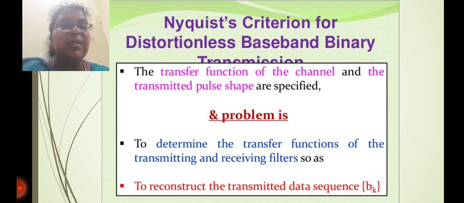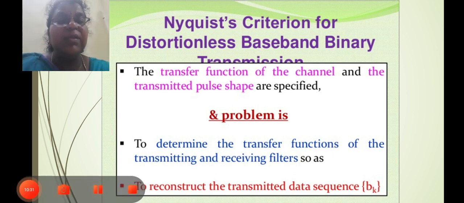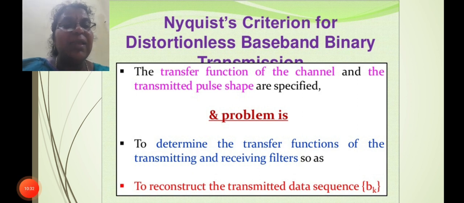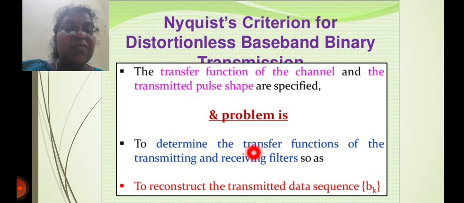The Nyquist criterion for distortionless baseband binary data transmission. The transfer function of the channel and the transmitted pulse shape are specified. So we can't change the channel, and also we know the shape of the transmitted pulse. The problem is to determine the transfer functions of the transmitting and receiving filters so as to reconstruct the transmitted data sequence b_k.